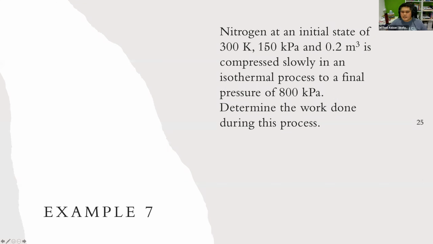Here you can see a significant change from 150 kilopascal to 800 kilopascal, so this is a compression work. The volume from 0.2 will become smaller. And they mention straight away that it is an isothermal process, so you know that 300 K will be constant. So the equation we should use is the ln one, where work done equals P1 V1 ln V2 over V1.